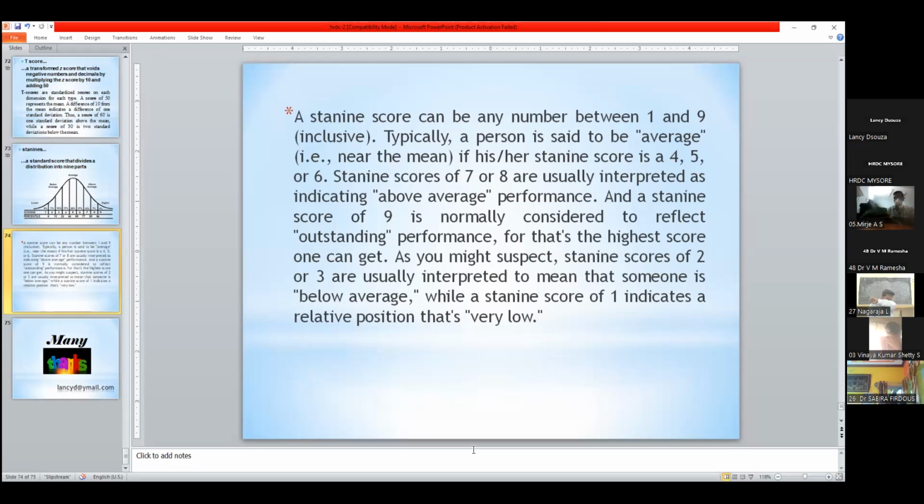Whereas in the standard 10 or sten score, the first cutoff is 3, the second cutoff is 4 to 7, and the last cutoff is 8 to 10. So low, medium and high. Whatever it may be, these are the ways you can describe your data in different ways.